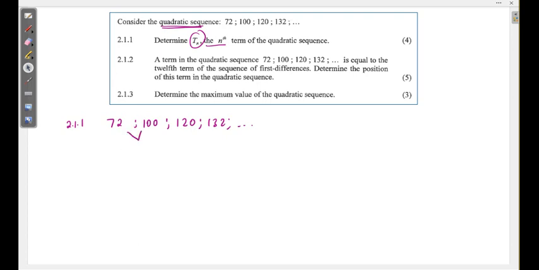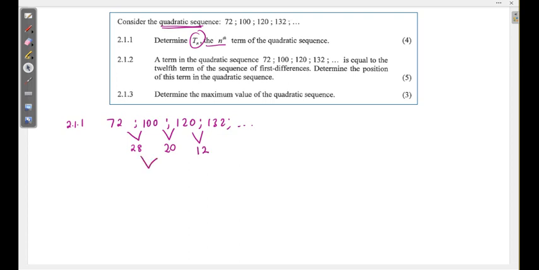So we say 100 minus 72, which gives us 28. Then 120 minus 100 gives us 20. Then 132 minus 120 gives us 12.